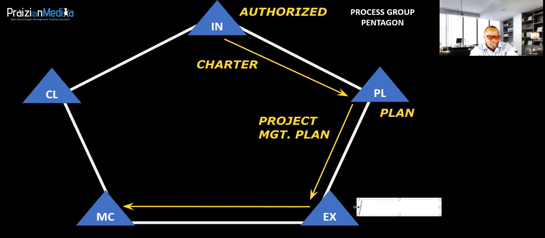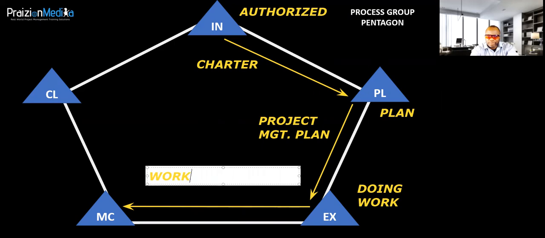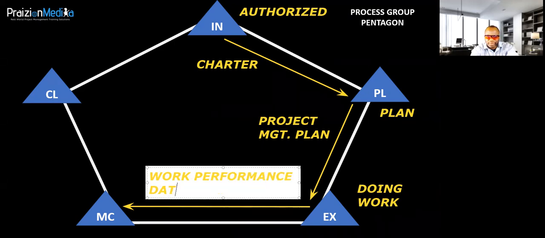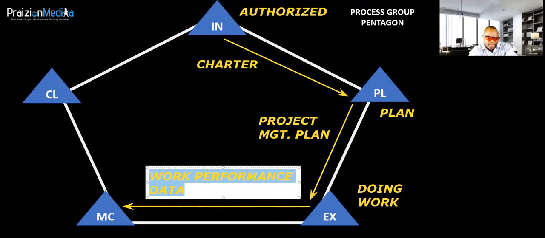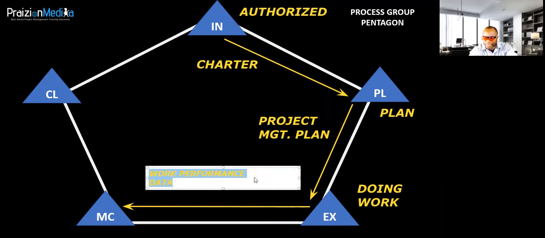What you're doing in this one, we can say you're doing the work, okay? And as you're doing the work, you're making these raw observations. We call it work performance data. That is one of the things you're going to get from here, from the executing process group as a whole.